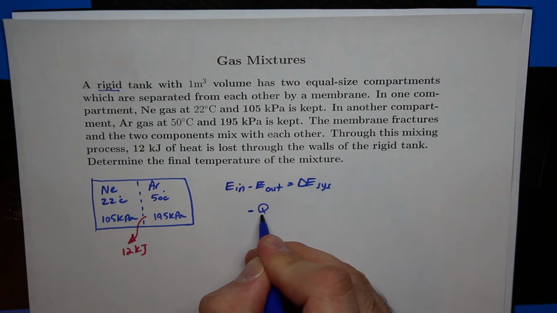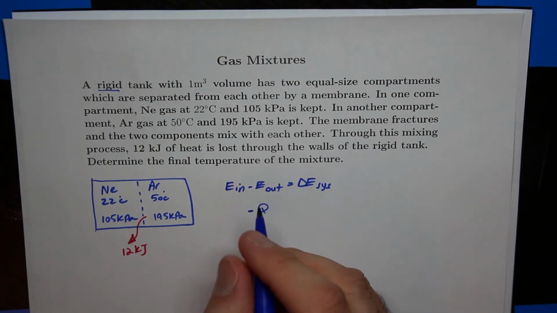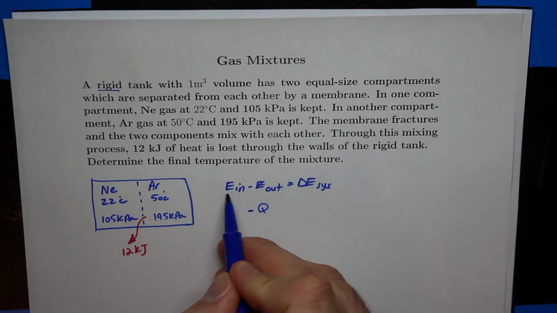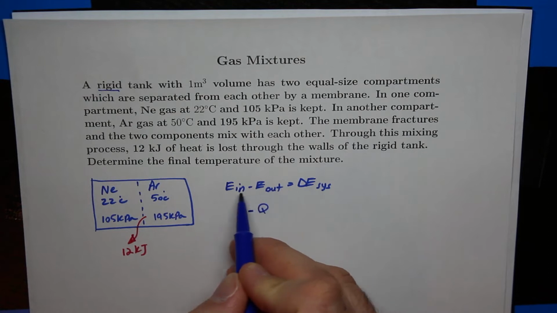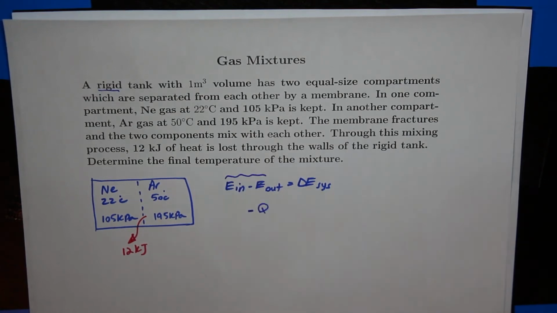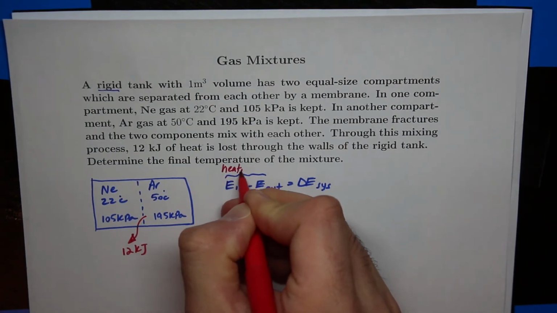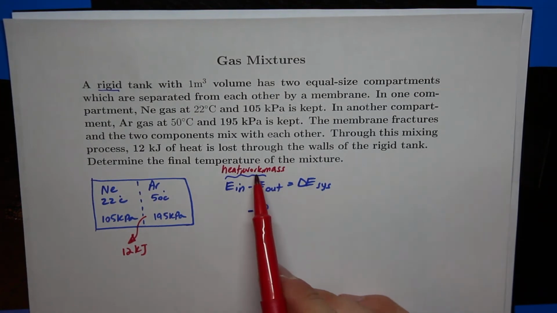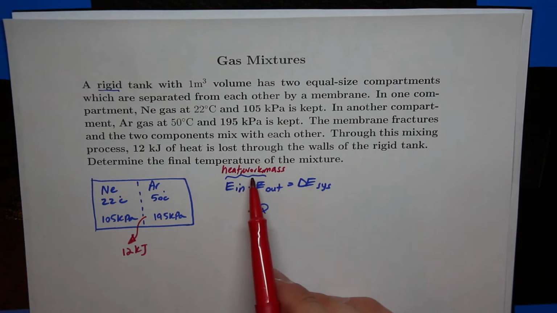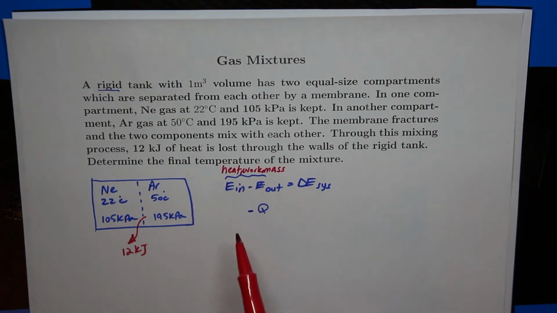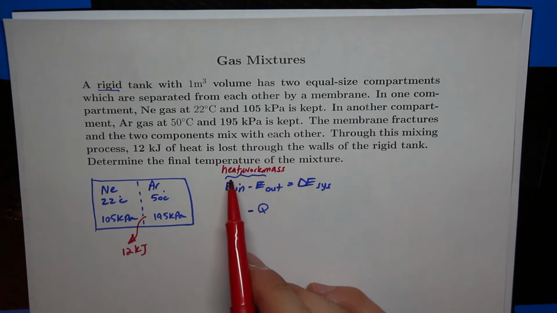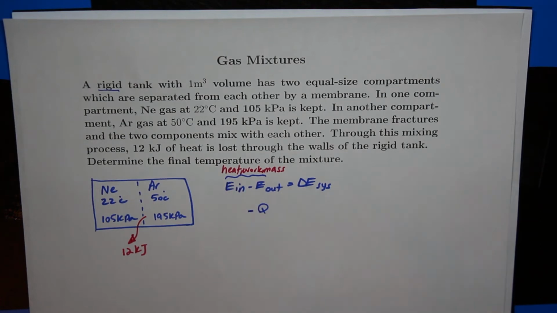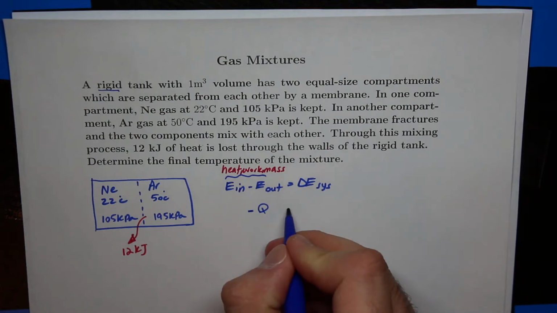So what I have is negative Q on the left hand side, because we know that generally speaking on the left hand side of the first law we have either energy transfer by heat, work, or mass. Right now there is no work associated with this problem, there is no mass associated with this problem because the entire thing is my system, but instead there is a heat which leaves the system. So that's it, that is all I have on the left hand side.